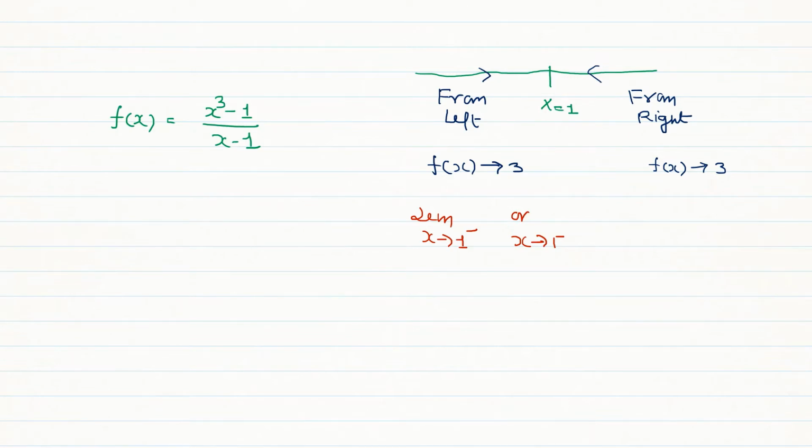This is called right hand limit and we write it as limit x tends to 1 plus, this way. Hence it is likely that left hand limit and right hand limit will be equal.